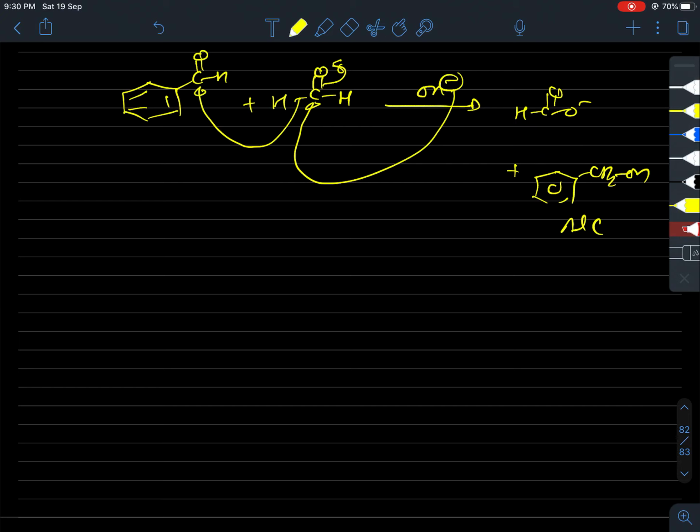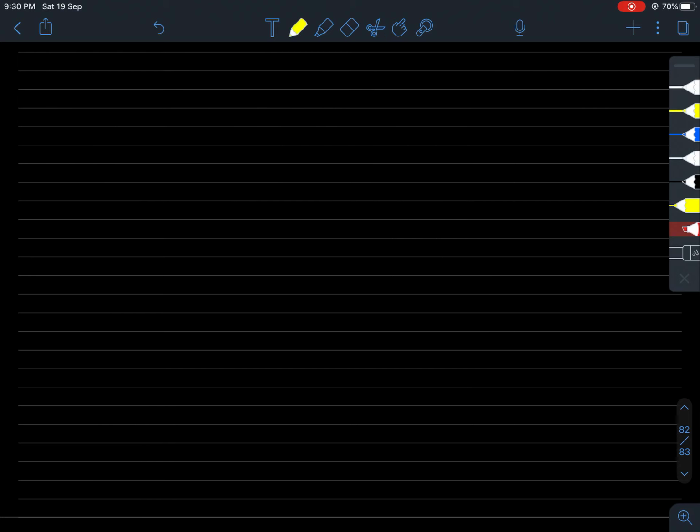Now what will happen if I am taking two different benzene related compounds, benzaldehyde and its derivative? Say for example, I am taking this CHO along with this. Now how to approach this problem? Now you tell me one thing.